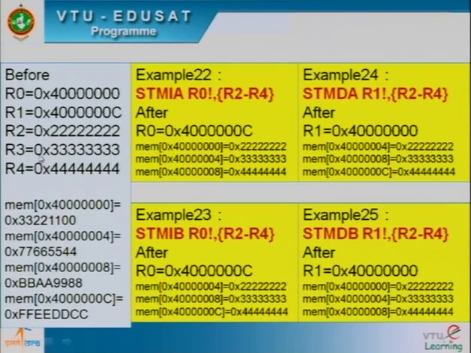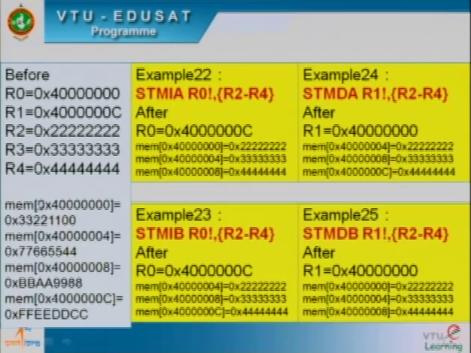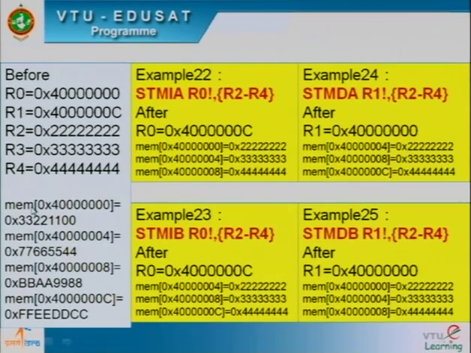R3 holds the value 0x3 followed by eight 3s. R4 holds the value 0x4 followed by eight 4s. This is an assumption that these registers hold these values before the execution of these instructions. Similarly, the memory content is the same as the previous example. So let's look at example 22.